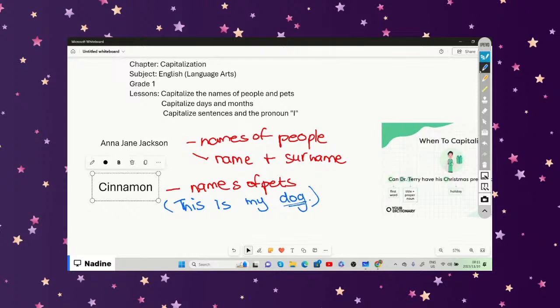So we do not capitalize the specific animal like the dog or cat or snake or whatever type of pet you have, but we capitalize the name of that pet. For example, Cinnamon is the name of my pet. But if I say dog, then it needs to be lowercase.